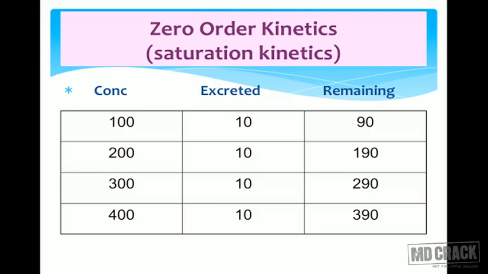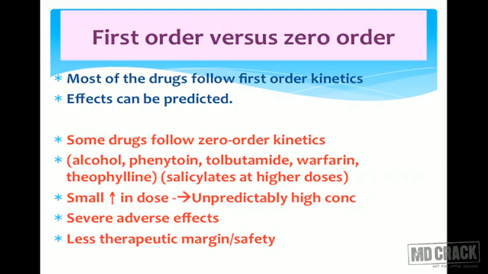So 10 gets excreted, 190 remains. 300, only 10 gets excreted, 290 remains. 400, only 10 gets excreted, and 390 remains. Whereas if it were first order kinetics, out of 400, 40 would have got excreted, and the concentration would have been 360. At higher levels, this difference between 360 and 390 is a great difference, and it leads to very severe toxicity for those drugs which produce zero order kinetics.